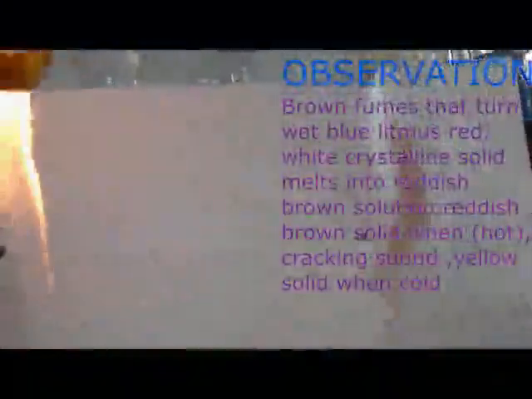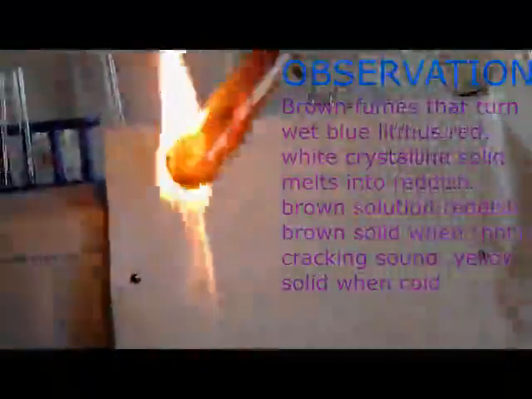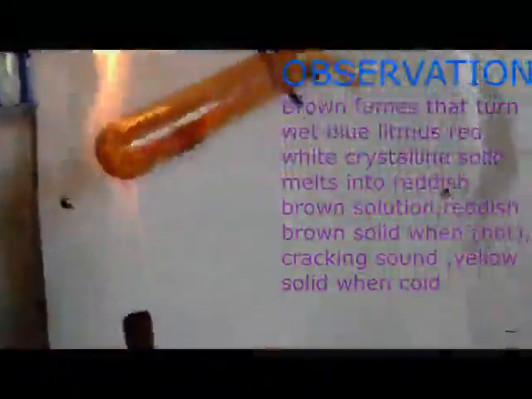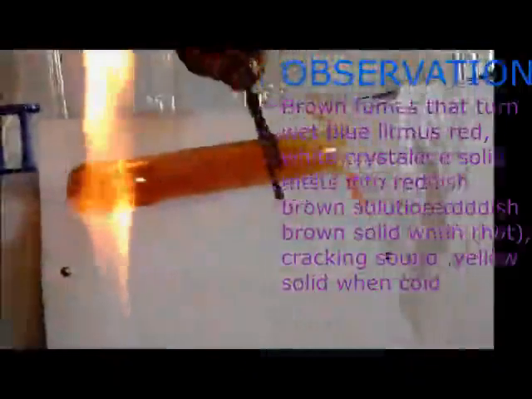Then I also record the change on the litmus paper, as well as the colorless liquid which is coming out. Now after recording that, we have to make sure we record what is there at the beginning and what is there at the ending of our experiment.